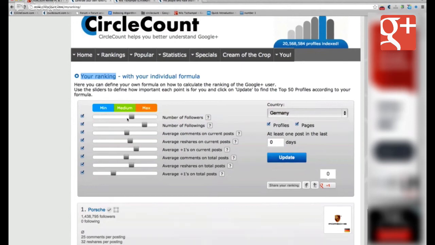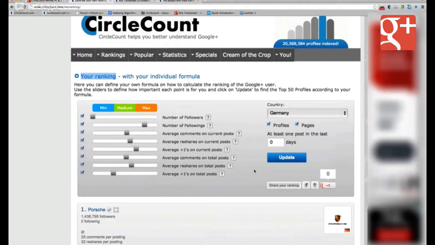But if you want people filtered by a low number of followers or whatever you like, then just go over here and press the update button, and you're pretty sure you find some interesting people over here. Right. I'd call it your custom person finder. But anyways, why don't we move on to your next topic for this recording here?